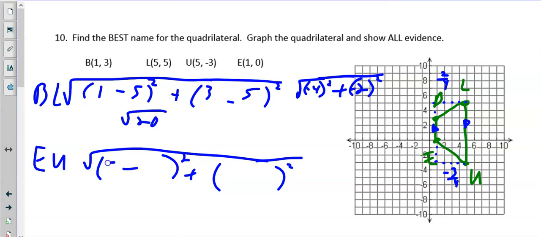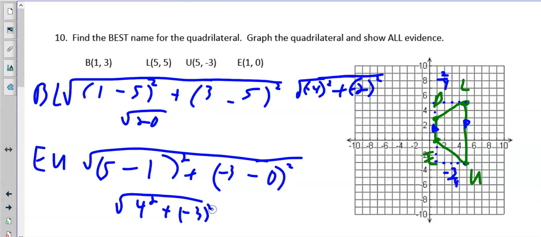EU. So we have 5 and 1 and -3 and 0. So that gives me 5 minus 1 is 4 squared. And -3 minus 0 is -3 squared. So 4 squared is 16, 3 squared is 9. That's the square root of 25. They are not equal.